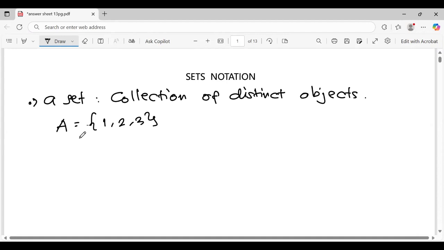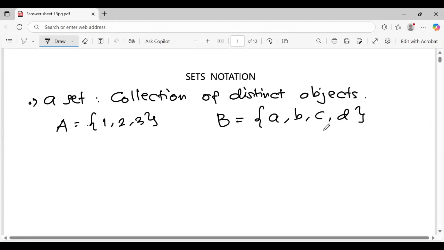Sometimes we use capital letters for the name of a set. Like this, the capital letter A, or if you would like to use B as the name of the set, you can use this. So for example, B has elements a, b, c, d.